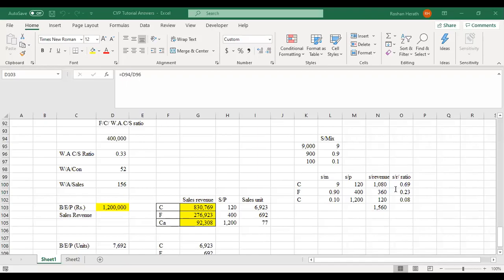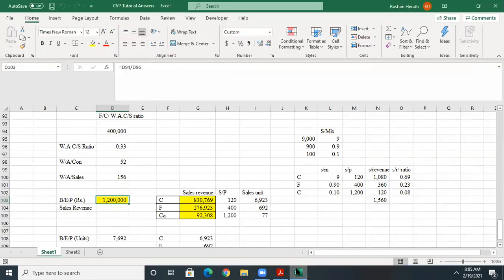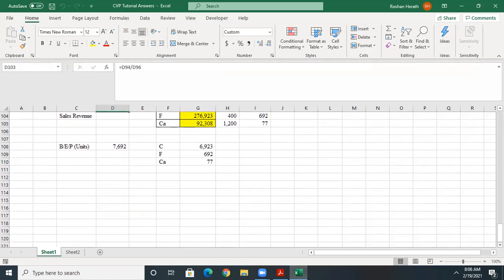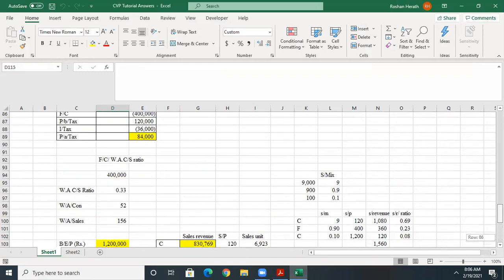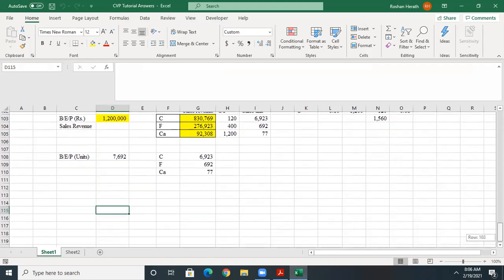So you can have a look at that. So we work out the CS ratio, the weighted average CS ratio had also been worked out.